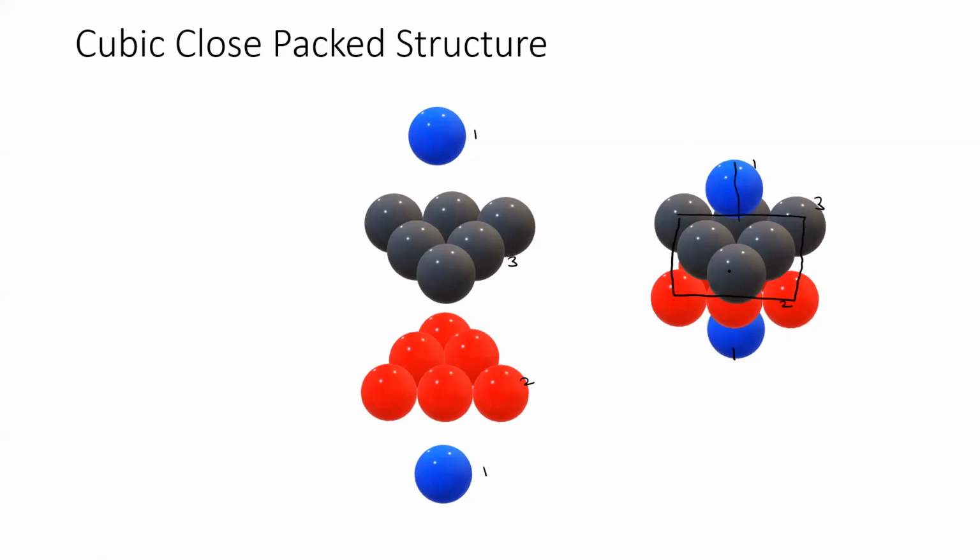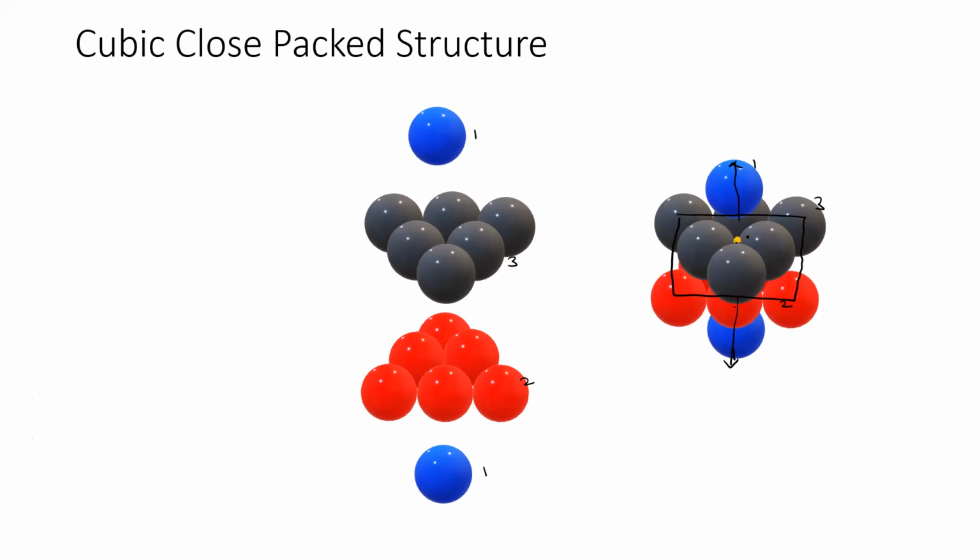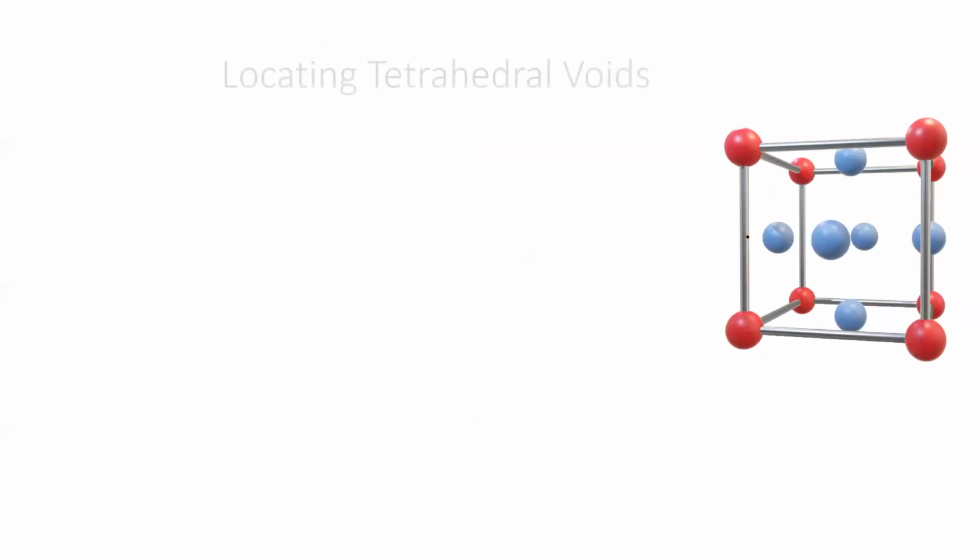One atom will be on top, one atom will be at the bottom. This blue color. If you connect all those, you will get octahedral voids in between those 6 atoms. So the octahedral voids will be located like this. What will be in this place? A void, an empty space. Is that clear? This is what happens in the cubic close packed structure.